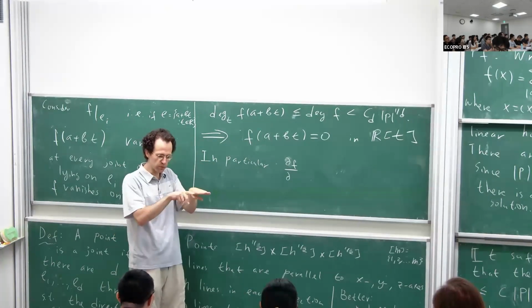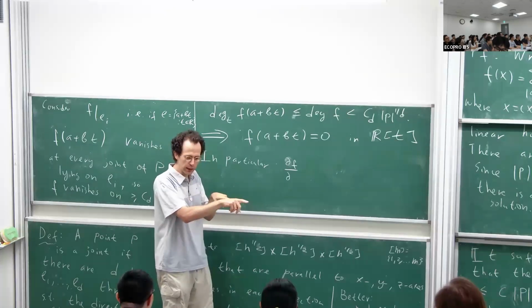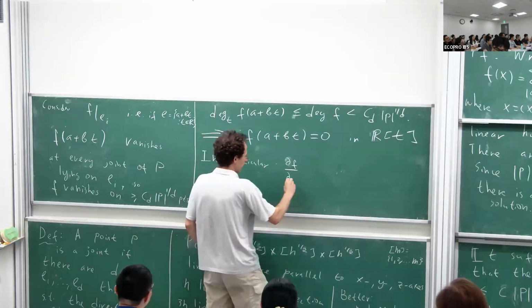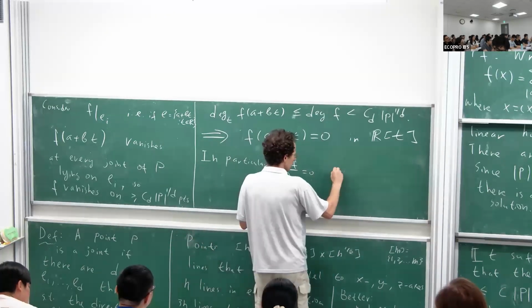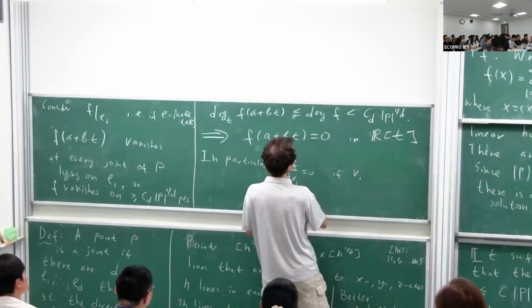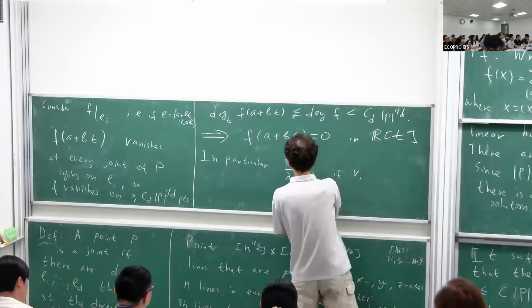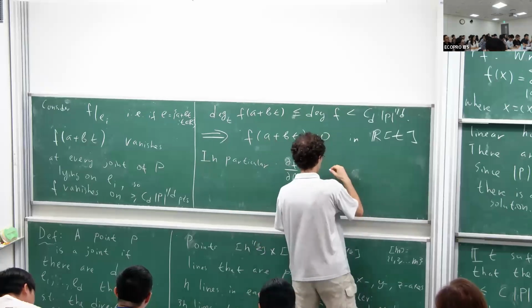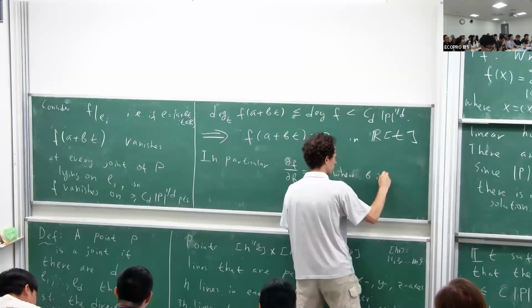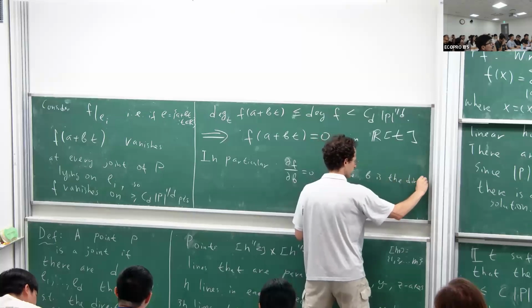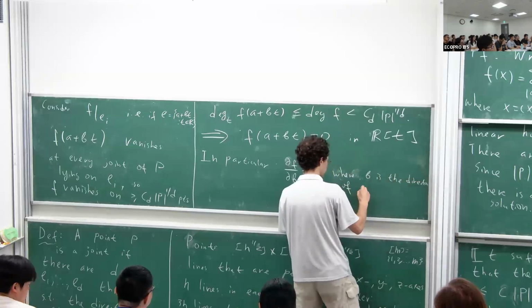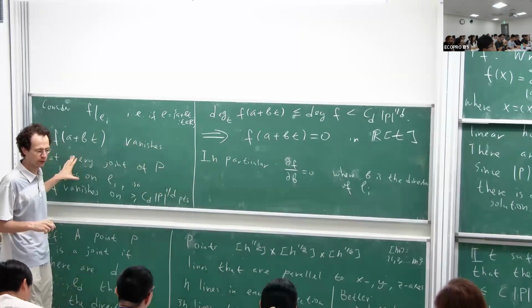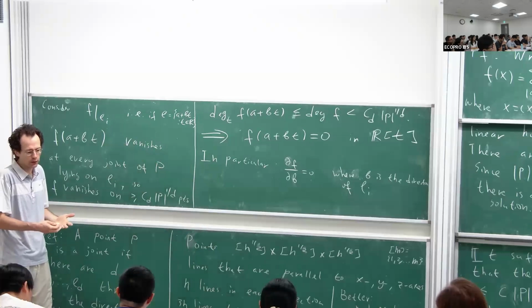So if it vanishes identically on the line, of course it means if I take a derivative along this line, it's going to be zero. So I use b, b is the direction of this line. Okay, so this is just for one of the lines, but this is true for every line.